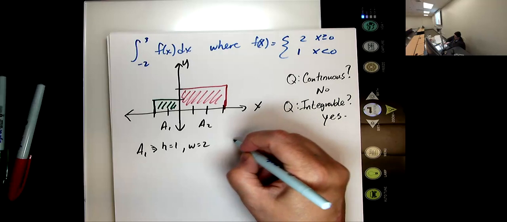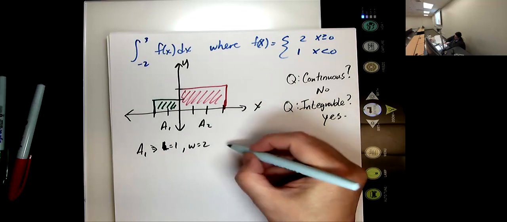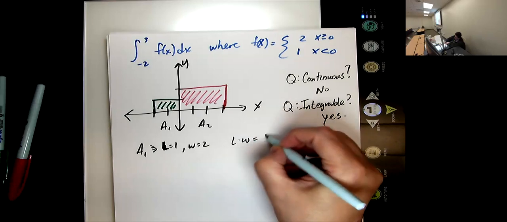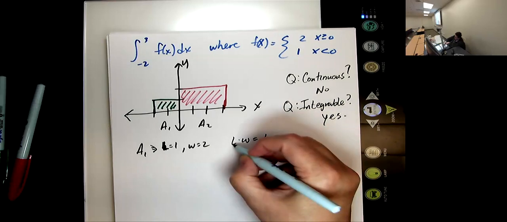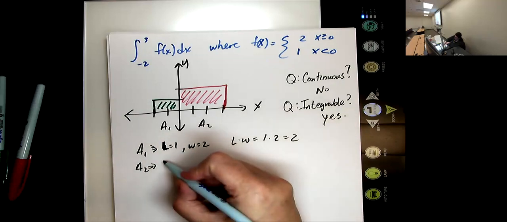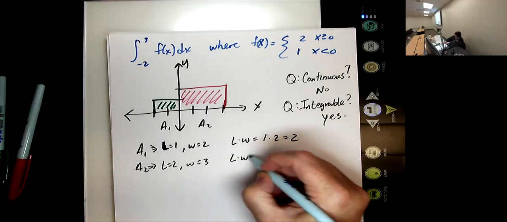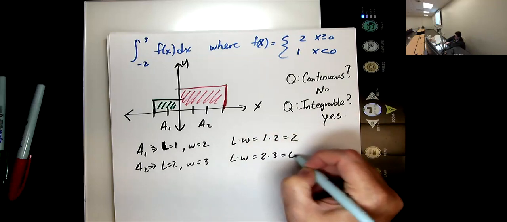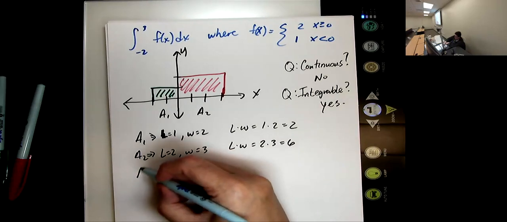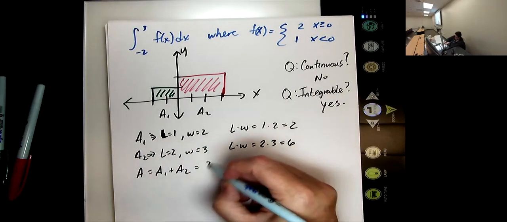So height times width, or maybe I'll call this length. Length of 1, width of 2. So L times W is 1 times 2, which is 2. A2 has a length of 2 and a width of 3. So L times W is 2 times 3, which is 6. And the total area is A1 plus A2. 2 plus 6 equals 8.